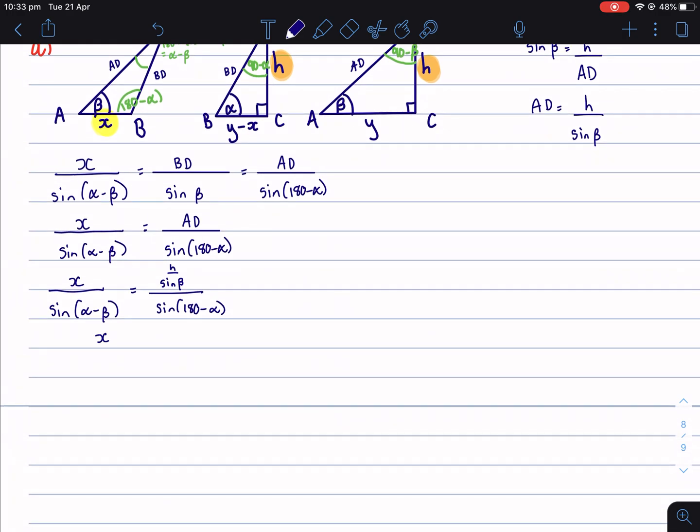So I've got x sine 180 take alpha over sine alpha take beta. That's the worst alpha. Equals, now I've just got this top line, so I can just write it as a normal fraction.